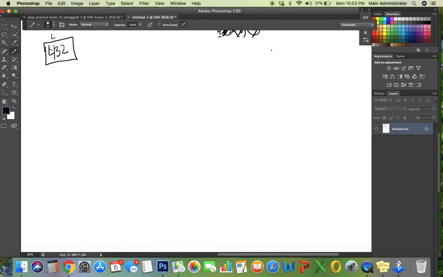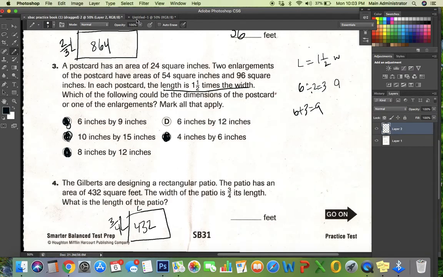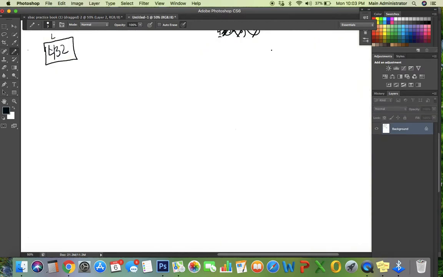If this is the length, this is 3/4 of the length. I'm going to do guess and check, but this time I'm just going to divide. I'm going to see if I can find two numbers that work, but I'm going to just start dividing 432.